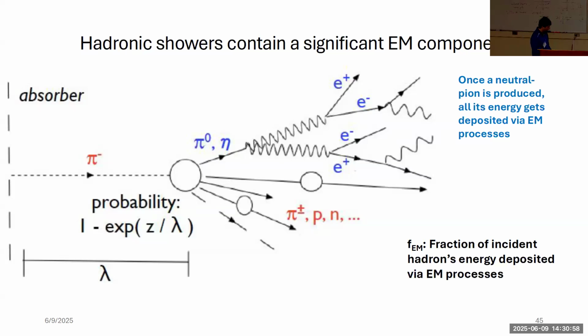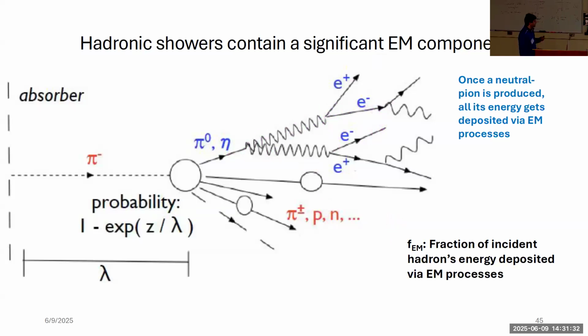In particular, if you have a charged pion coming in, after its first nuclear interaction, you can produce a neutral pion, and that will go on and decay to photons, which will then create electromagnetic showers. So once a neutral pion is produced, all of its energy gets deposited via EM processes. It's basically a one-way street. Once you produce it, you just get EM processes for this blue part.